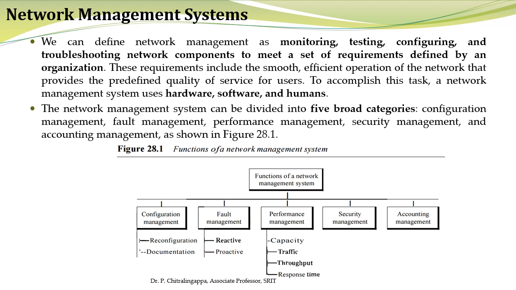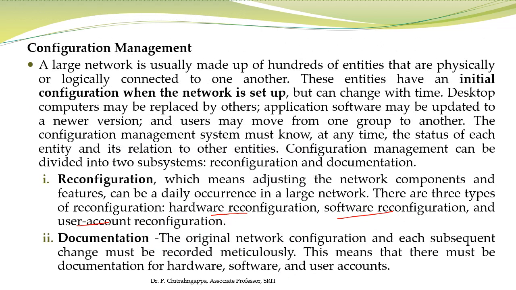The first one is configuration management, which includes reconfiguration and documentation; then fault management, reactive and proactive; performance management, covering capacity, throughput, and response time; security management; and accounting management. These are some of the functions in network management systems.